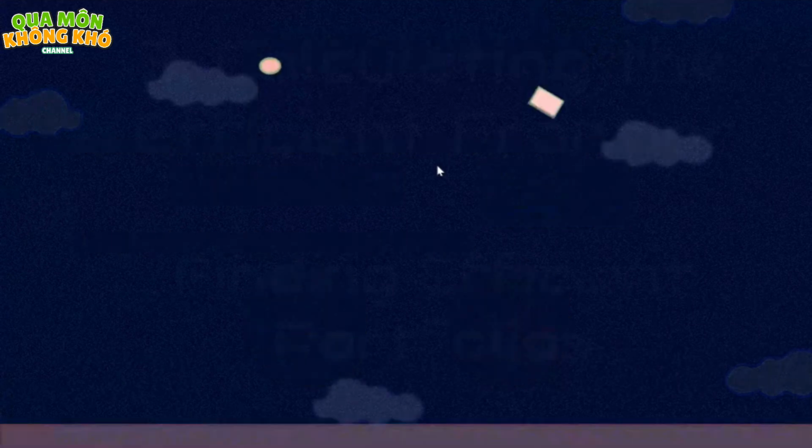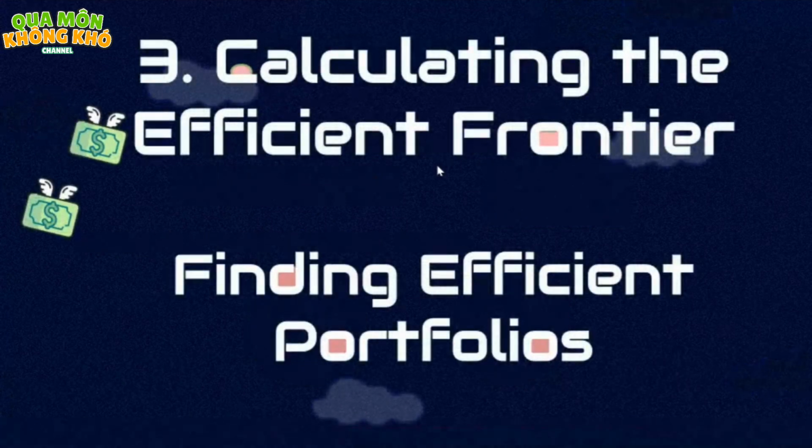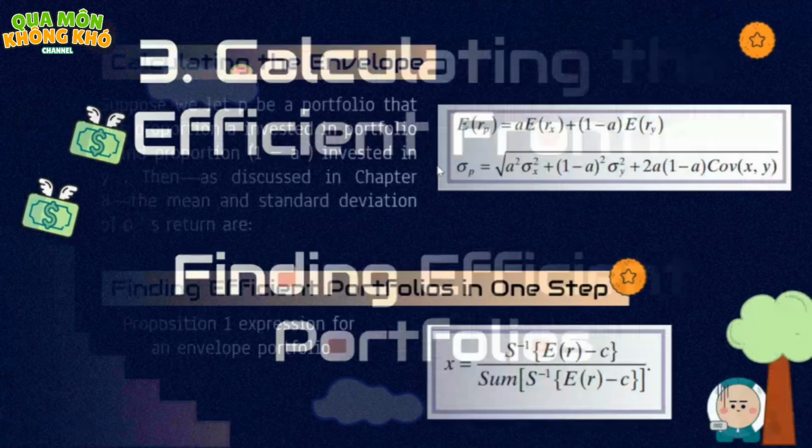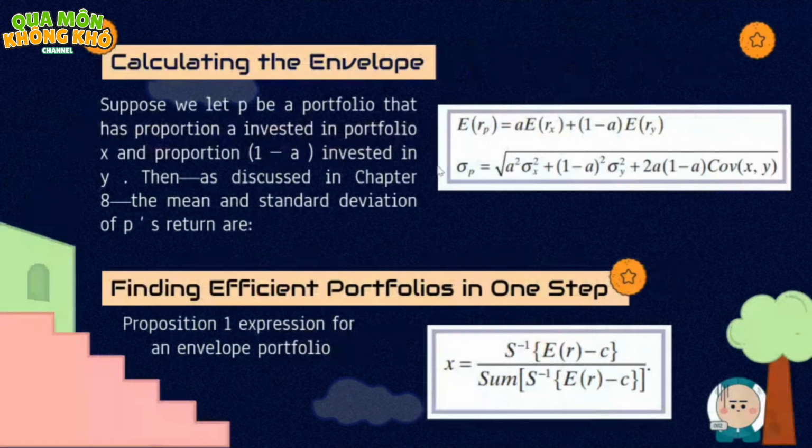Next, we will take a look at calculating the efficient frontier and calculating the envelope. Suppose we let B be a portfolio that has proportion A invested in portfolio X and proportion 1 minus A invested in Y.